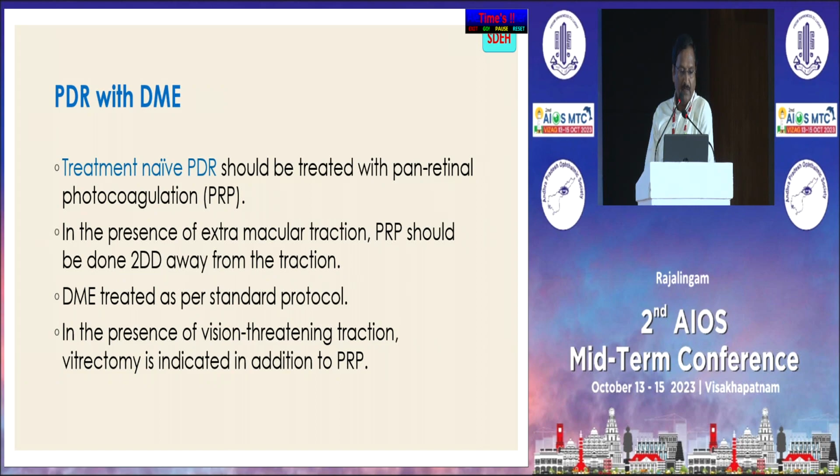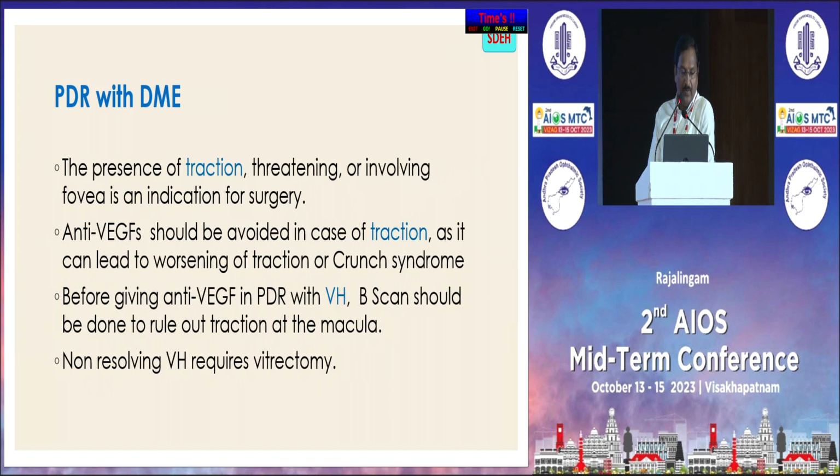Then PDR with DME. Treatment-naive PDR should be treated with panretinal photocoagulation. In presence of extramacular traction, PRP should be done 2 disc diameters away from the traction. DME is treated as per standard protocol. In the presence of vision-threatening traction, vitrectomy is indicated in addition to the PRP.